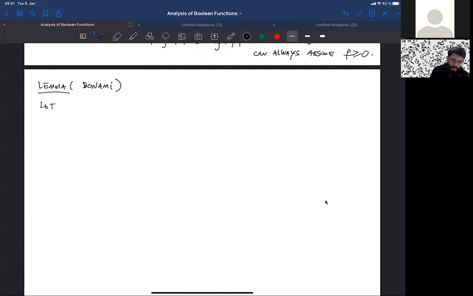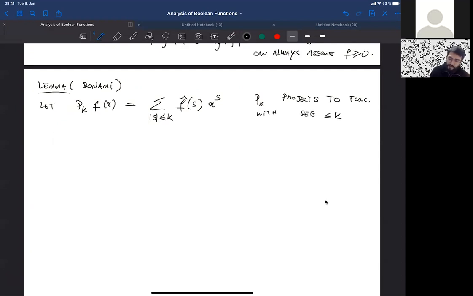Let Pk be the projection that projects your function into functions with degree less or equal than k.